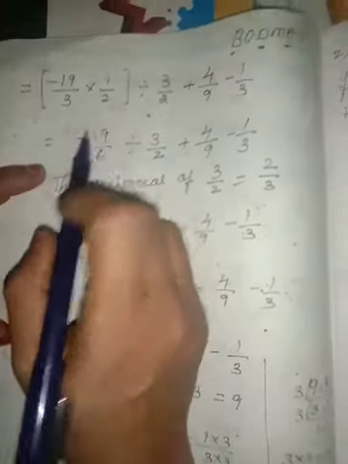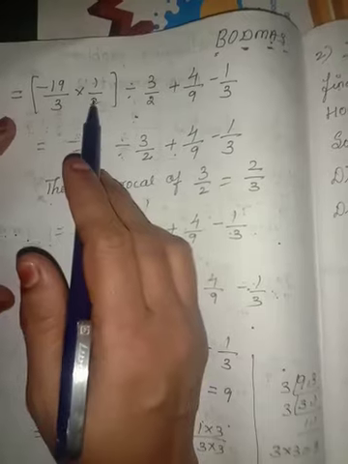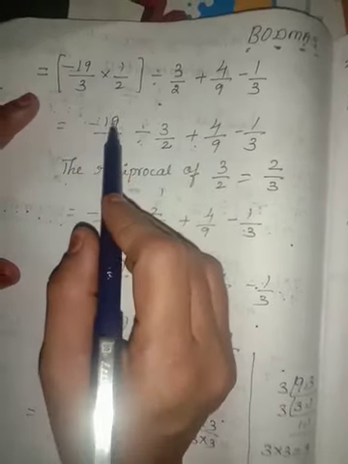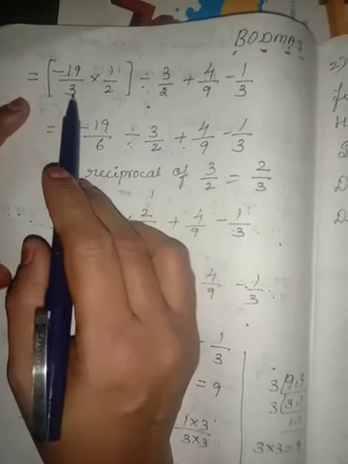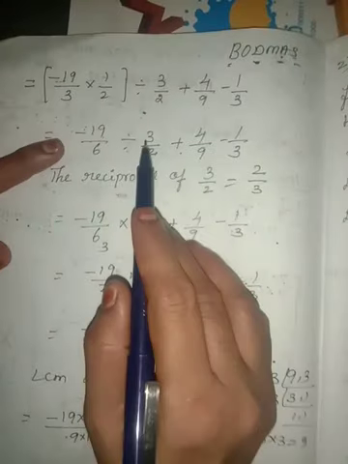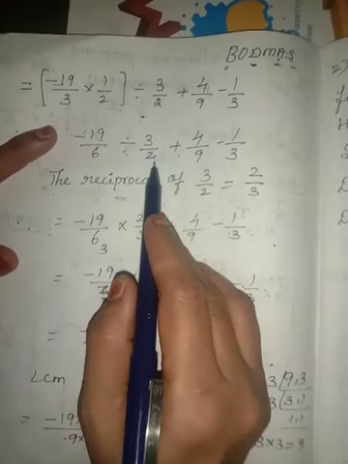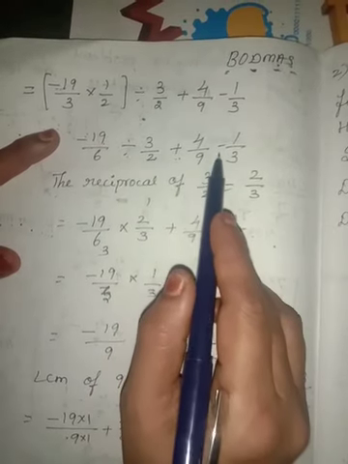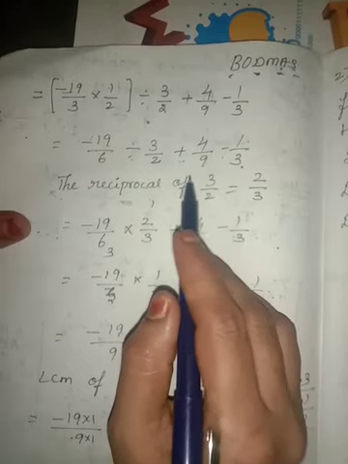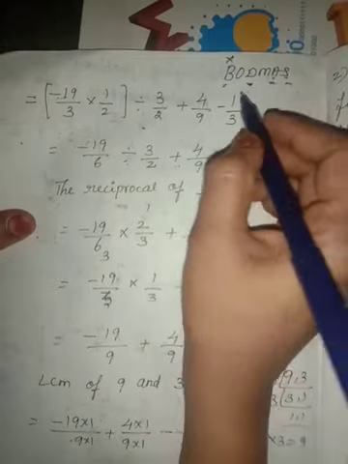Here the numerator and denominator are not simplified further. That's why multiply the numerators, minus into plus, minus 19, and the denominators 3 into 2, 3 twos are 6. Now write the next terms: divided by 3 by 2 plus 4 by 9 minus 1 by 3. Now what operation do we choose? We have completed the bracket.